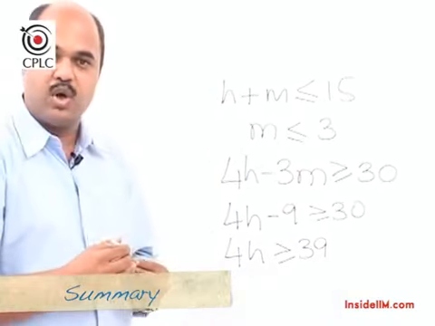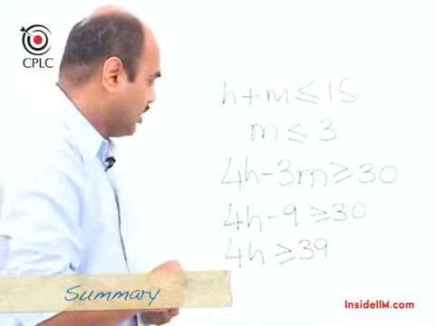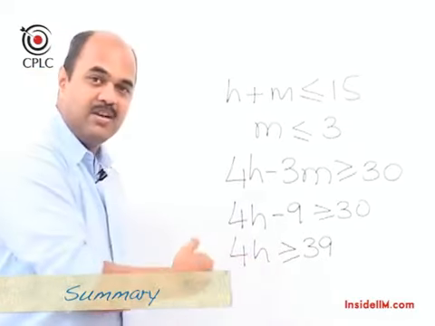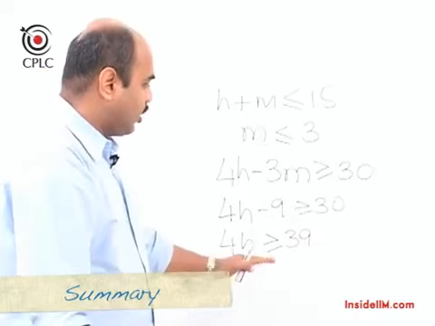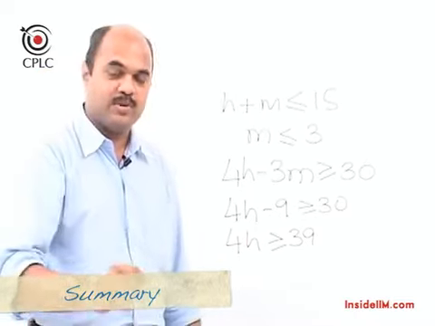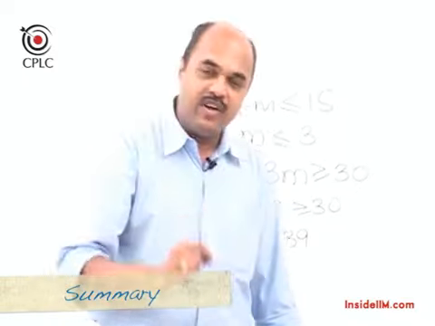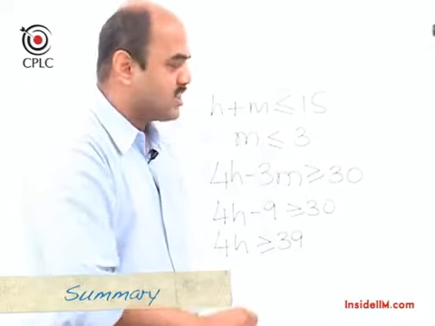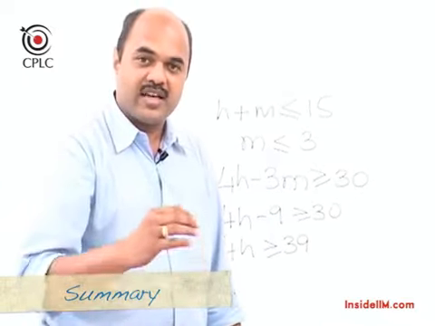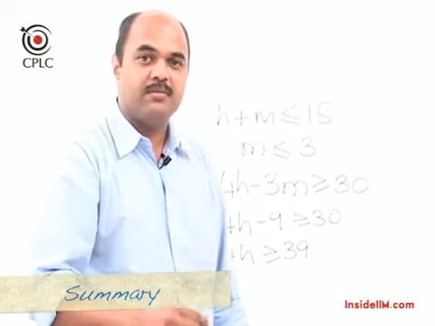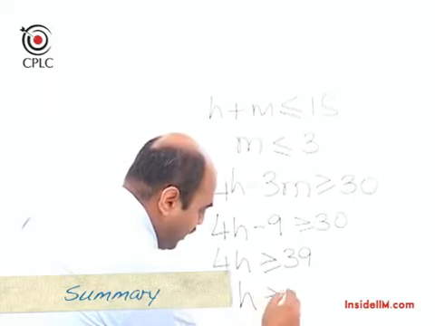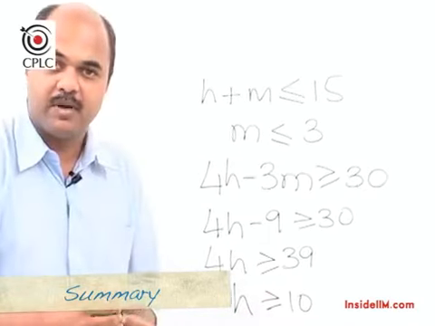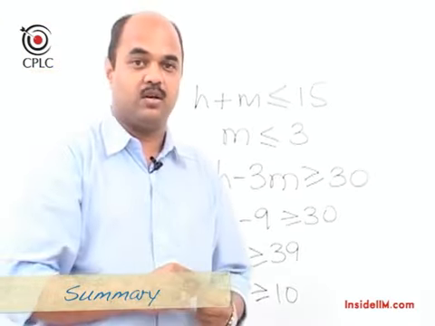If I solve this simple inequation, the minimum value of h has to be 10 so that I will always recover my money, which basically means even if I miss the bullseye thrice, as long as I cover that up by hitting the bullseye a minimum of 10 times, I will always recover my money and will not make a loss.